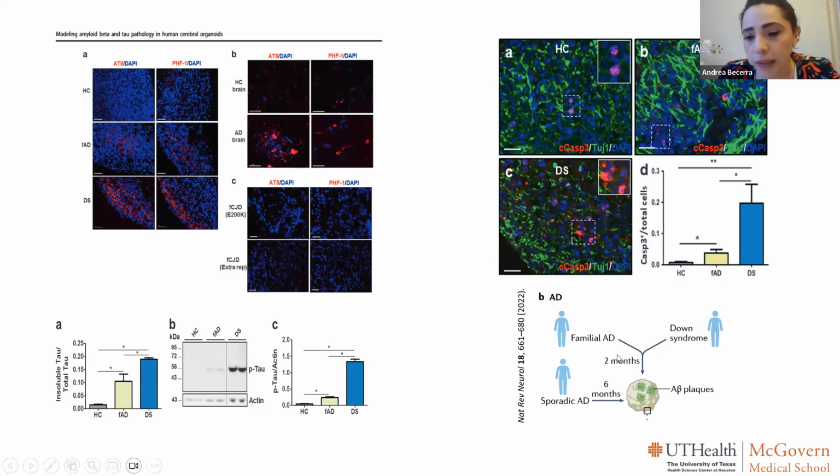So we conclude that we can take samples from a patient, familial AD and Down syndrome patients, develop cerebral organoids, and after 2 months, we can obtain A beta amyloid plaques. Also, there is another study after this one showing that using samples from sporadic AD patients, we can obtain A beta amyloid plaques as well.